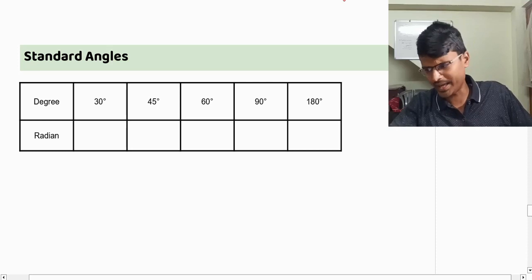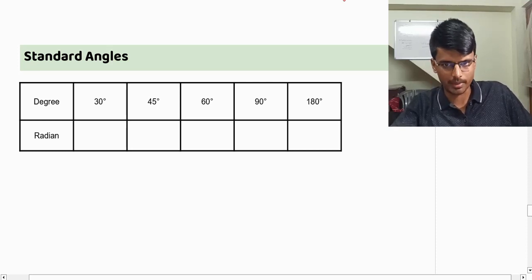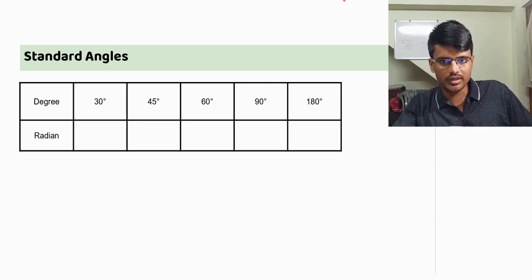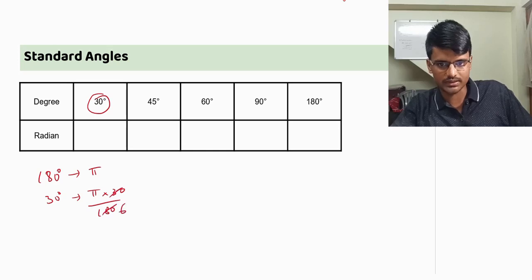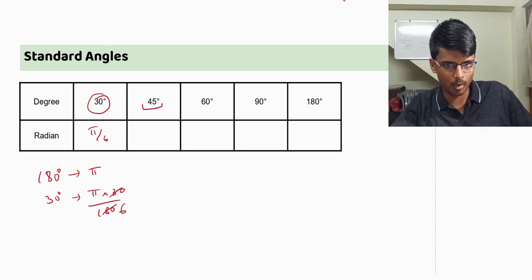So some standard angles that you are supposed to remember. So we'll be converting. So 30 degrees, we know 180 degrees is pi radians. 30 degrees is pi into 30 by 180, 30 36. So this is pi by 6. Similarly, if you find out for 45 degrees, so just work out, you can pause and work this out.